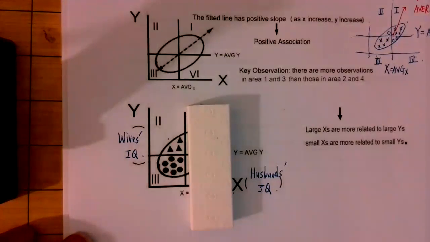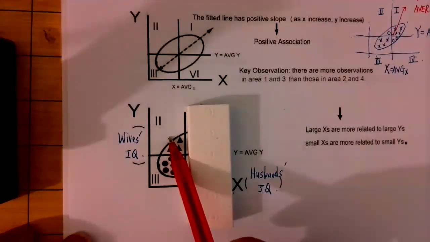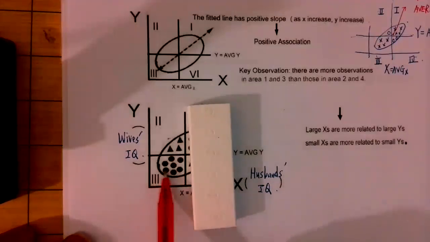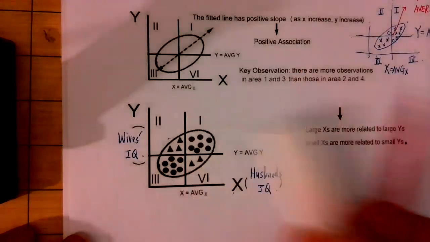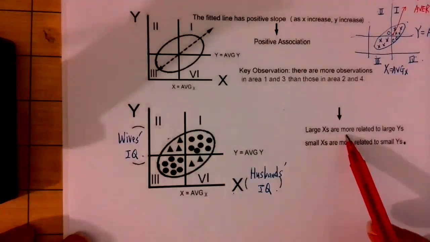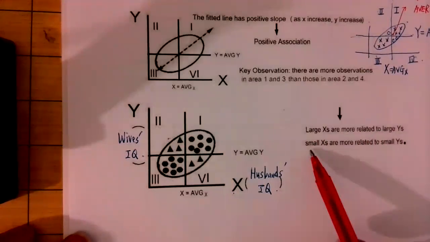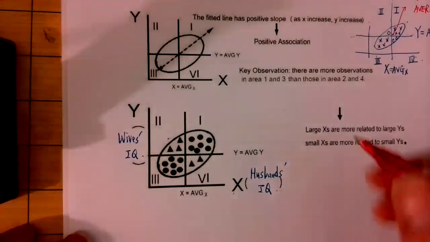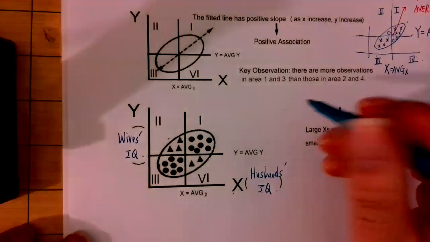Put in our context, we say dumber husbands marry smarter wives, but also marry what? Dumber wives. But more dumber husbands marry what? Dumber wives. This is what we call positive association. Large X are more related to large Y's, and small X are more related to small Y's. This is for positive association.